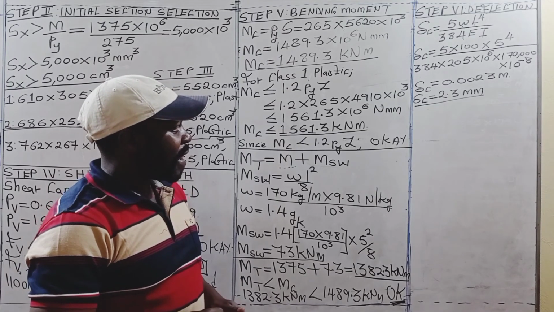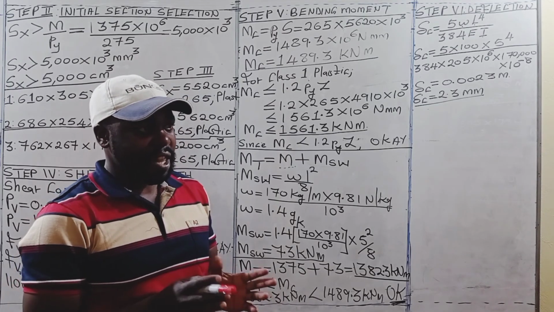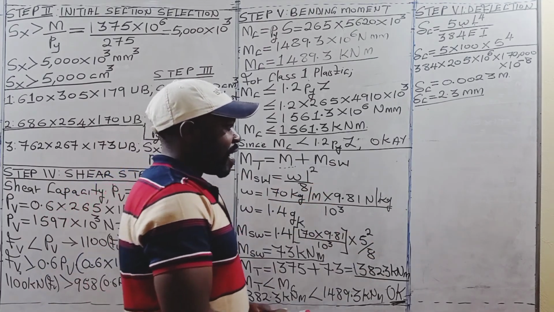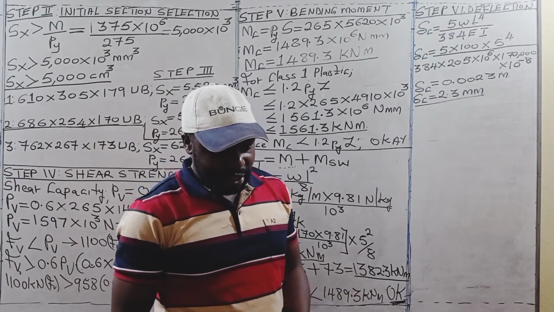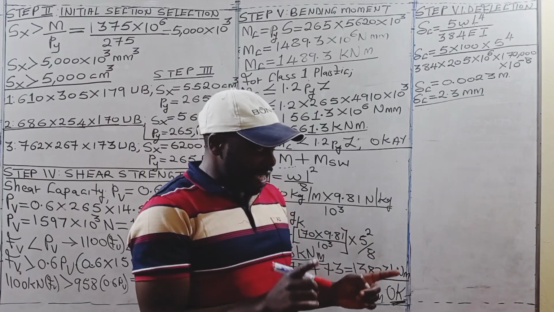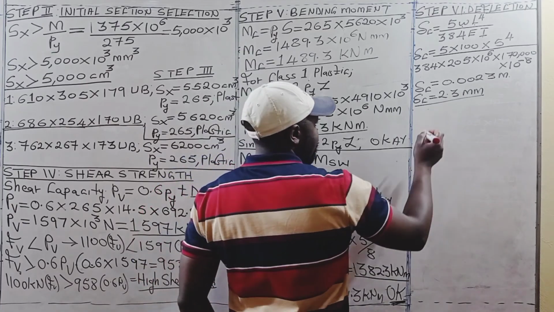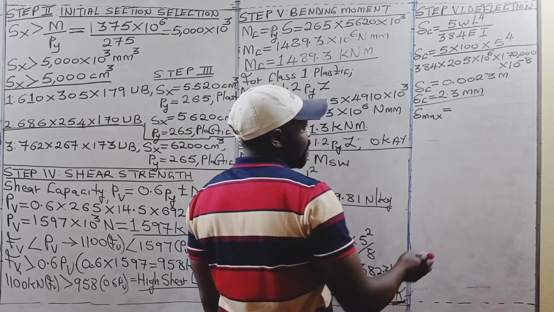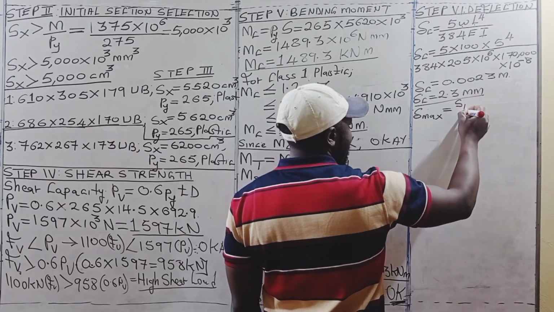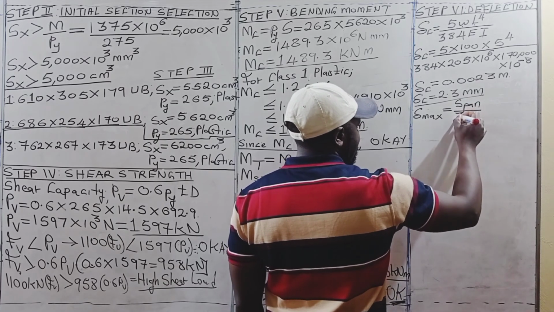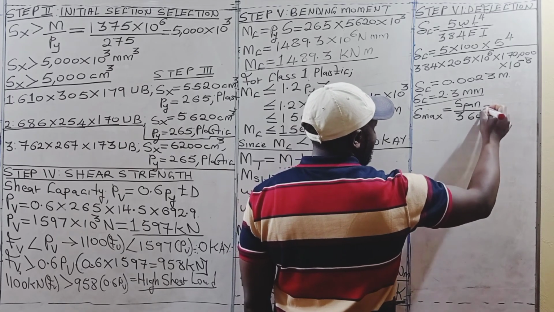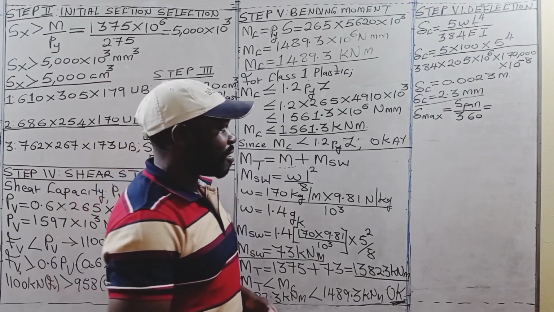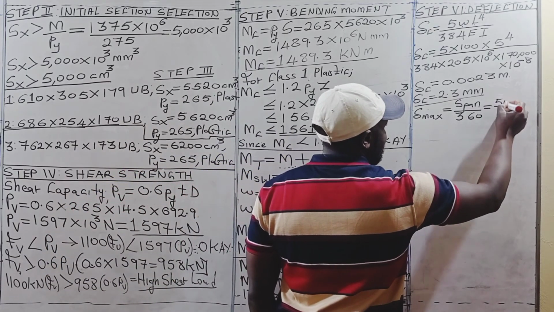We need to compare this deflection and see whether it is exceeding the maximum required deflection. And the maximum required deflection for a beam carrying plaster is usually given by span divided by 360. And in this case, the span of this beam is 5 meters. We convert that to millimeters, which will be 5,000 millimeters.